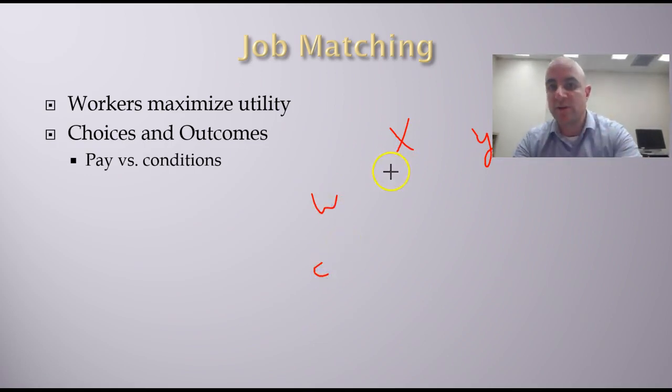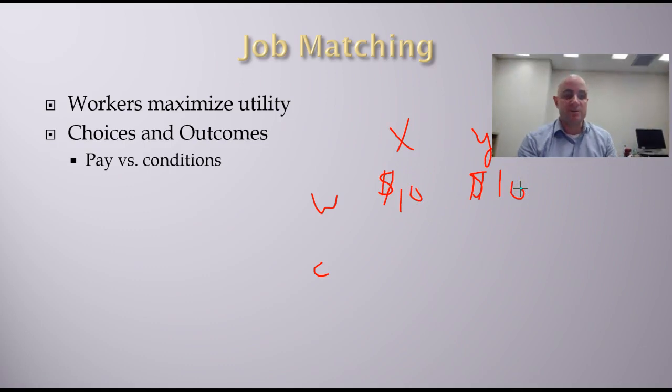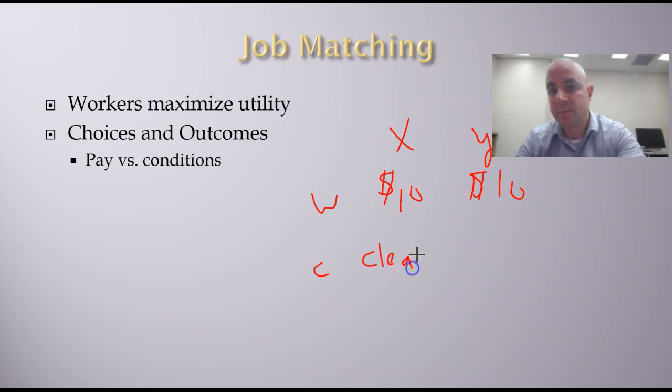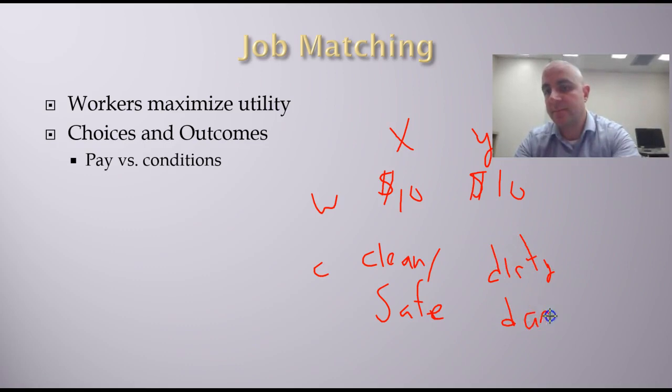So let's say both employer X and employer Y pay $10 an hour. Okay, so they both pay the same wage. But for employer X at job X, it's a clean and safe environment, whereas employer Y has a dirty and dangerous environment. So which one are you going to choose?